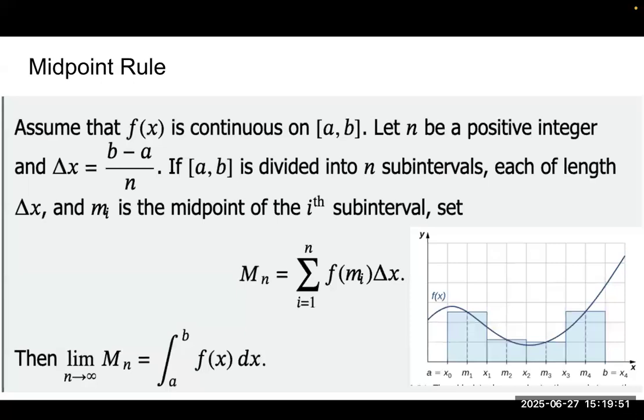Basically, I compute f(x1) delta x1, and f(x2) delta x2. So it is not the midpoint rule, but it is something that will converge to the right answer. Left rules, right rules, midpoint rules, three different rules.